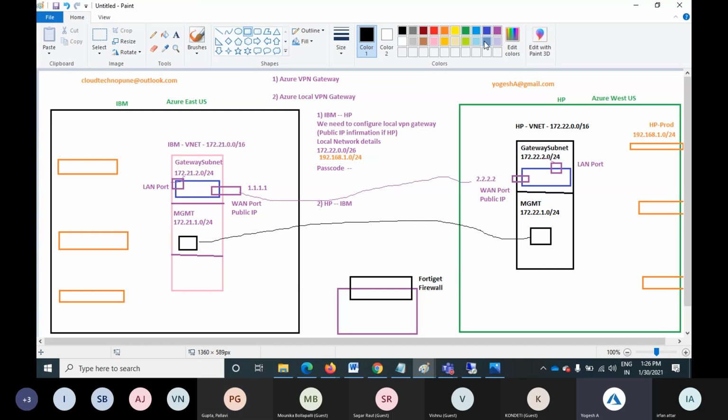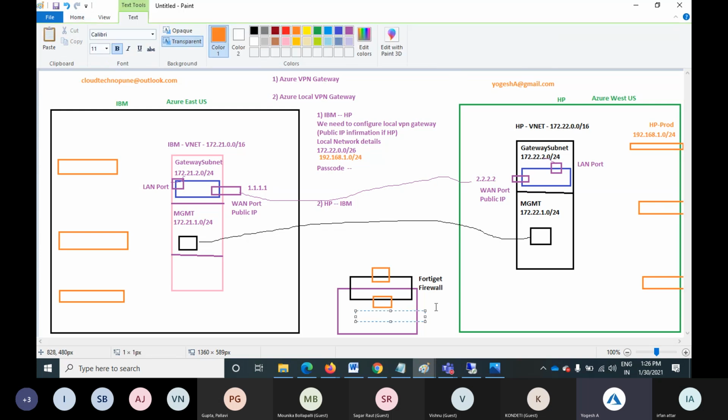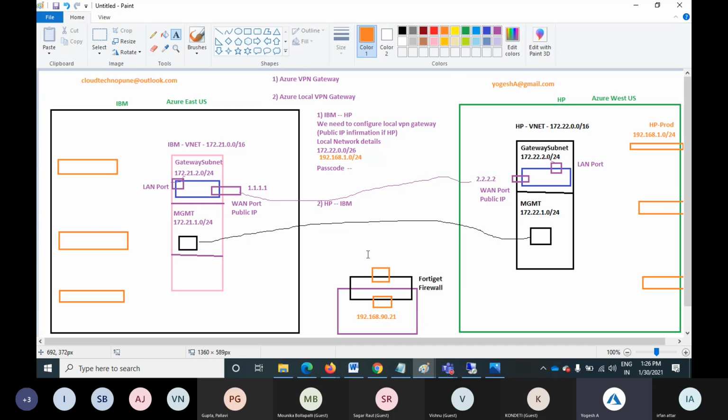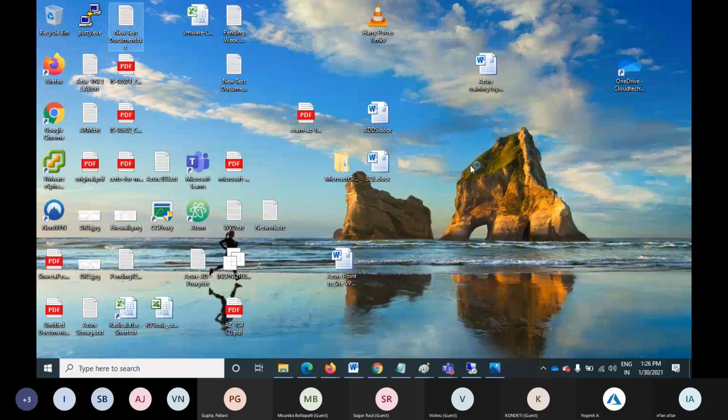Okay, so FortiGate firewall I have configured. So again, same thing for interface, WAN interface and LAN interface. So this is WAN interface. This is LAN interface. So LAN interface means LAN IP is of my firewall, which is 192.168.90.21. And what is the WAN interface IP?